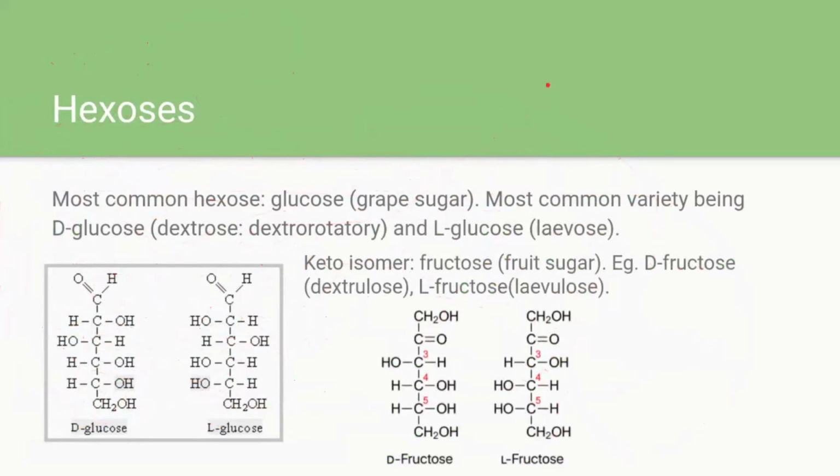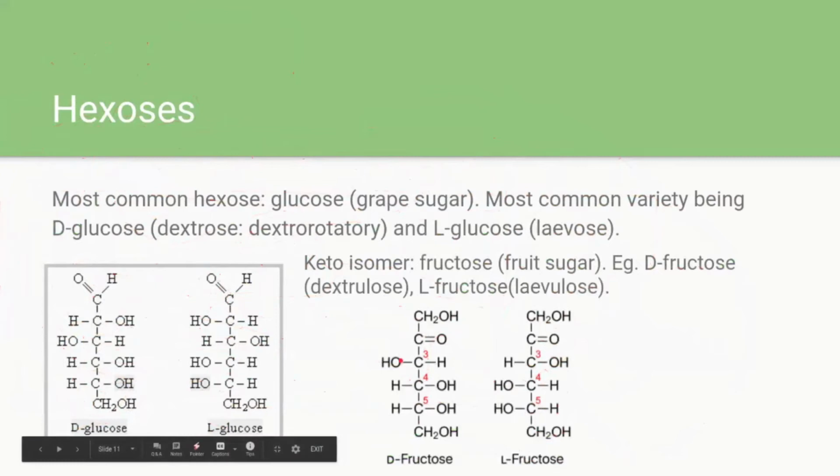Okay, and this is the other keto isomer, because if you place a carbon oxygen on atom 1, you'll have aldehyde, and if you have it on carbon 2 or any other carbon, you'll have a ketone, or a ketose here.